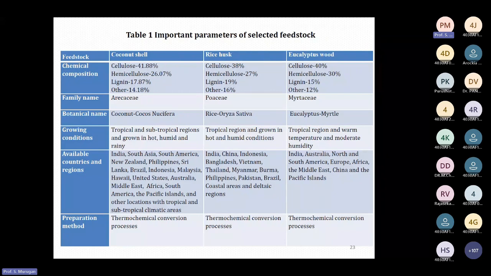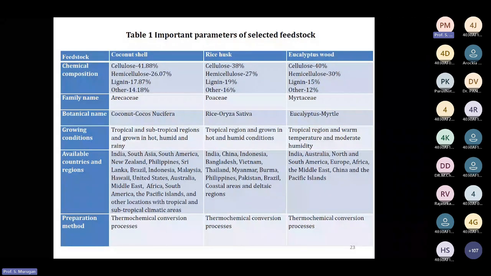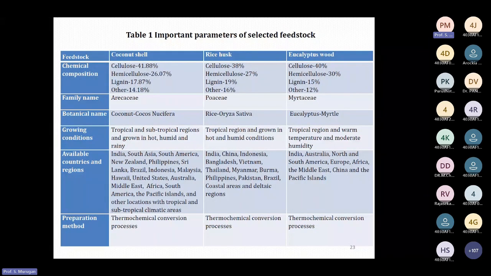That's why we chose these as potential feedstock to get activated carbon. Their important parameters are given in this table, like chemical composition, family name, botanical name, growing condition, meaning how they grow and where they are available, and what kind of preparation method you can follow to get activated carbon from these materials. All are given in the table.